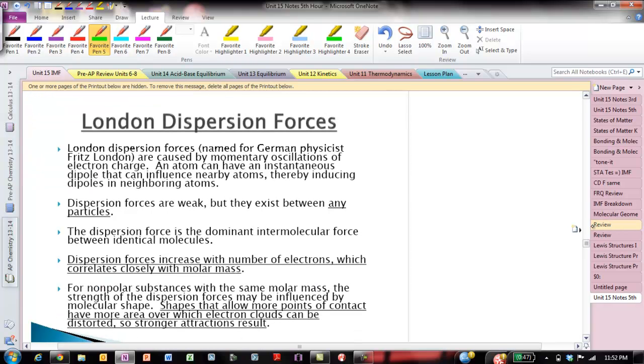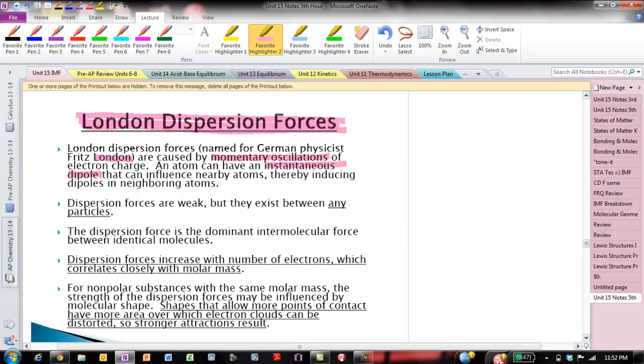Alright, and so I already kind of talked about these, but London dispersion forces are really, really important, and I've already explained them, but not by this name. They're named after the German physicist. But what they are is those momentary oscillations of electrons, the overload. It is the instantaneous dipole that happens when you have an overload of electrons on one side.